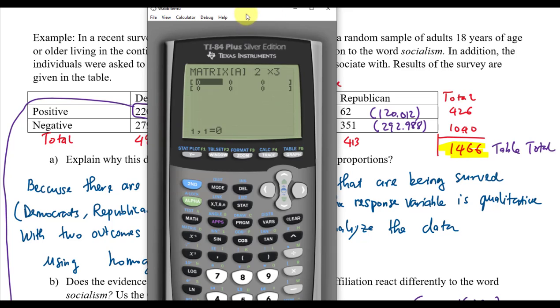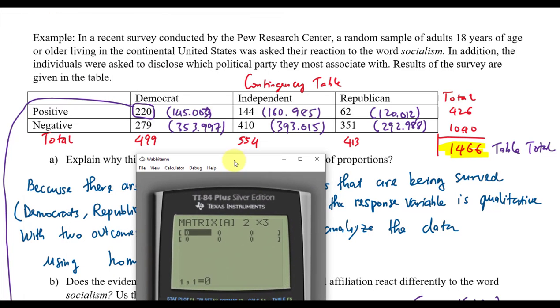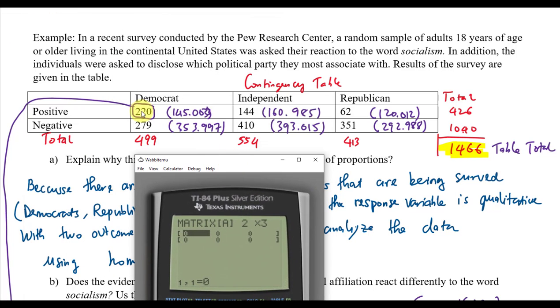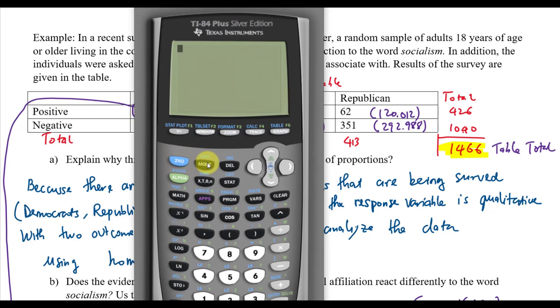So you want to enter all the data given for you in the beginning. So 220, 144, 62, 279, 410, and 351. And then now we just quit, second quit.